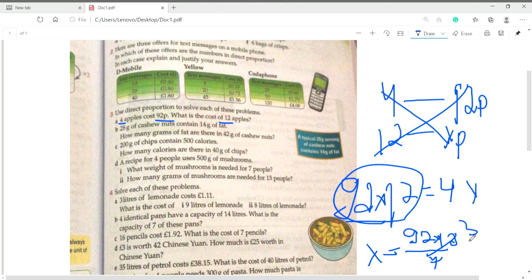It will be 3, so 92 multiplied by 3 will be 276. So I got that. What is the price of 12 apples? So guys, for all of them you will use the cross multiplication method and find them.